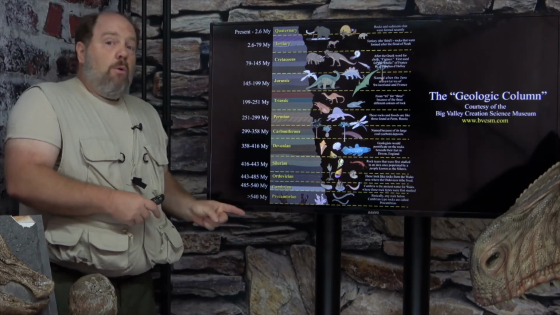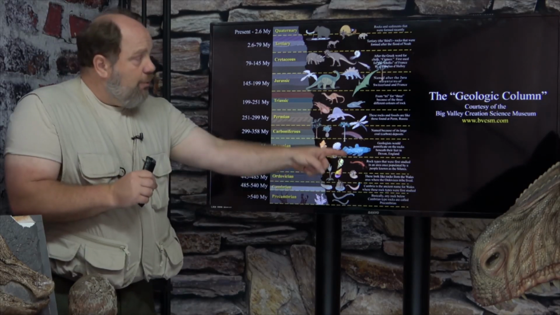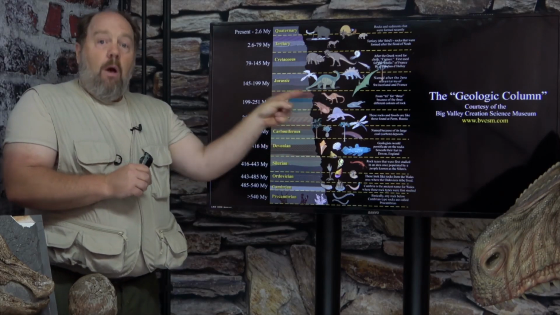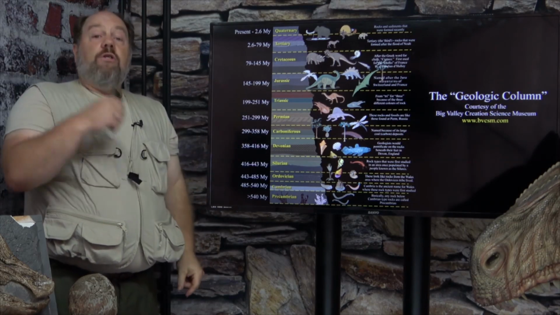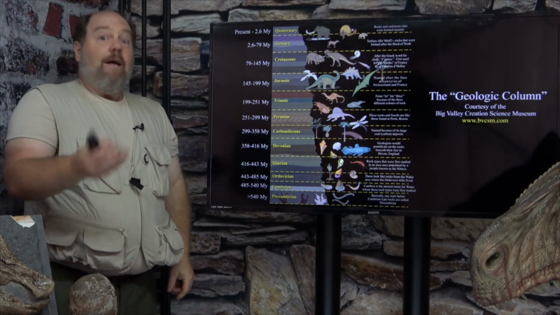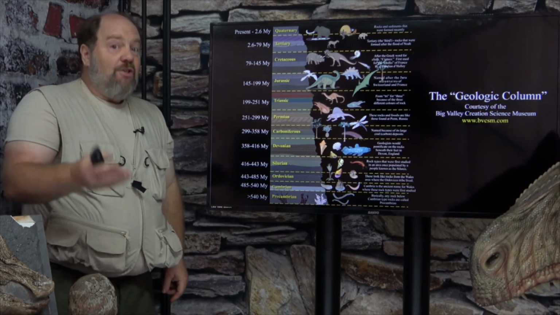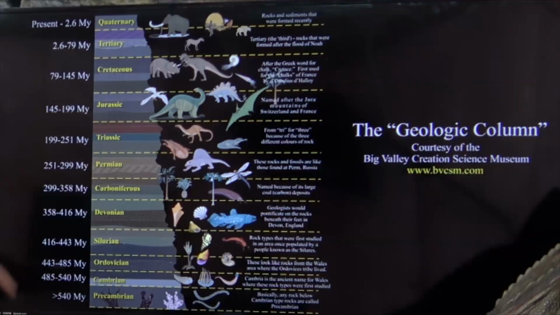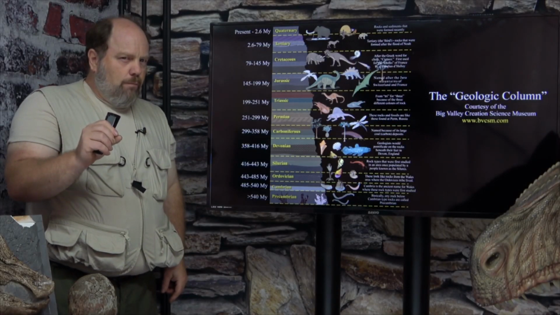Those ages were made up on the assumption that there's an evolutionary progression of life in the fossil record, which was made up on the assumption that evolution has occurred, which was made up on the assumption of millions of years, for which there is no evidence, and in fact, boatloads of evidence showing otherwise.